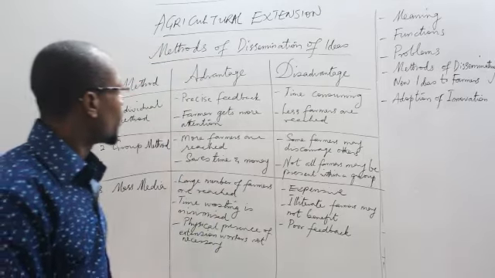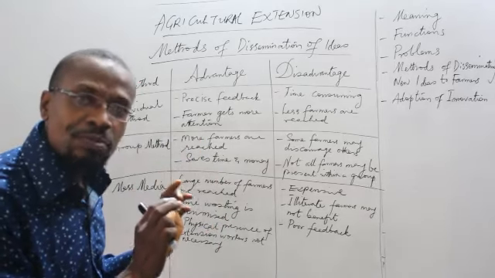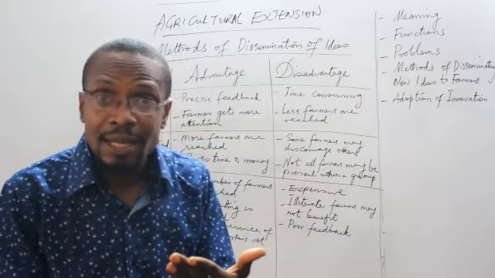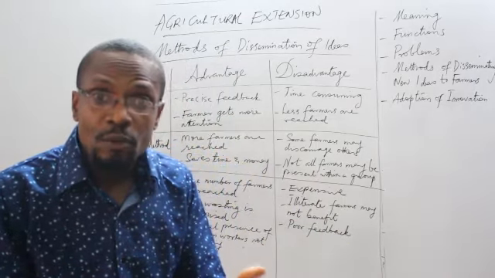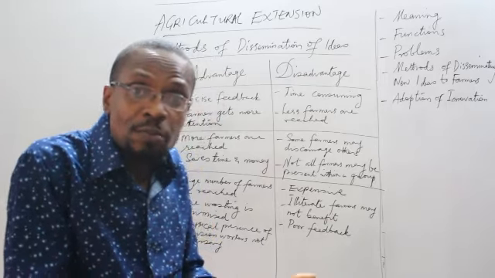Good. And of course, you can see that the advantage here is that the feedback is precise because you're listening to the farmer directly, sharing the farmer's point of view.